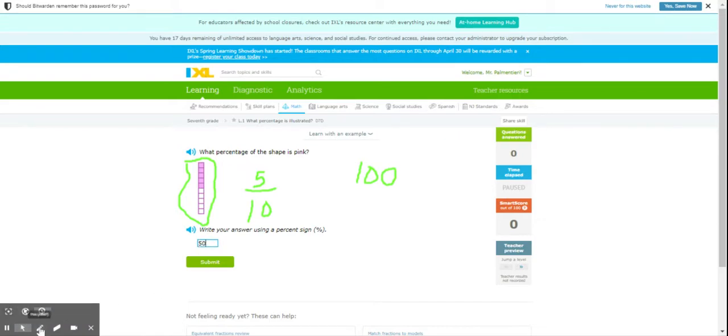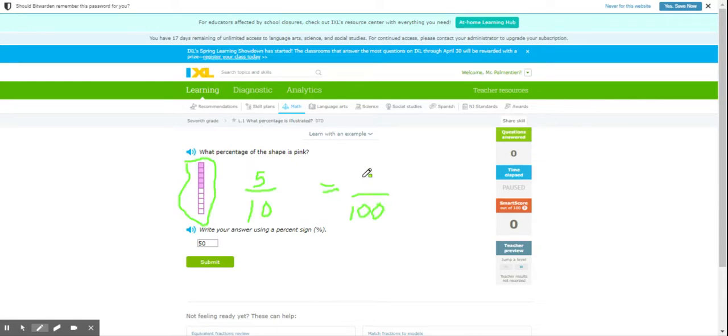Now you could also do this. This is what I would have taught you in class, but I know we're not in class, and we would have practiced this a lot. You could set up a fraction where we know that 5/10 eventually has to get turned into 100 on the bottom, but we don't know what would go on top.